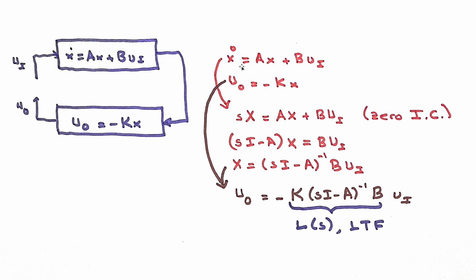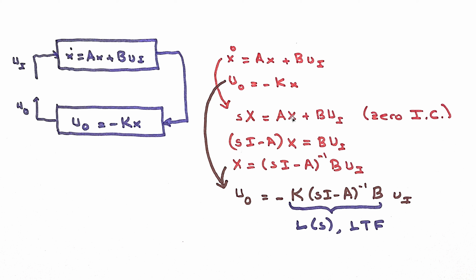So I am taking this and going to the Laplace domain, subject to zero initial conditions. And the reason for zero initial conditions is, you may remember, transfer functions by definition have zero initial conditions. So basically we have sX equals AX plus BU_i in the Laplace domain.